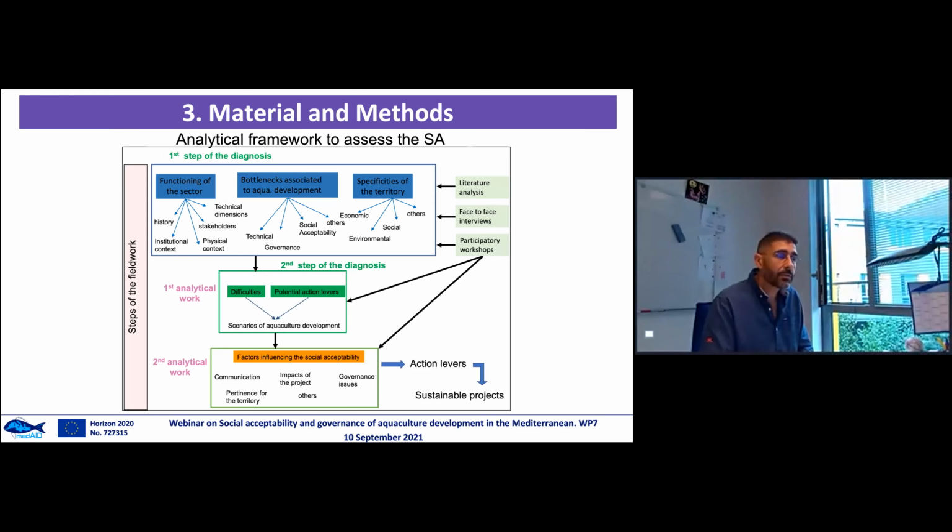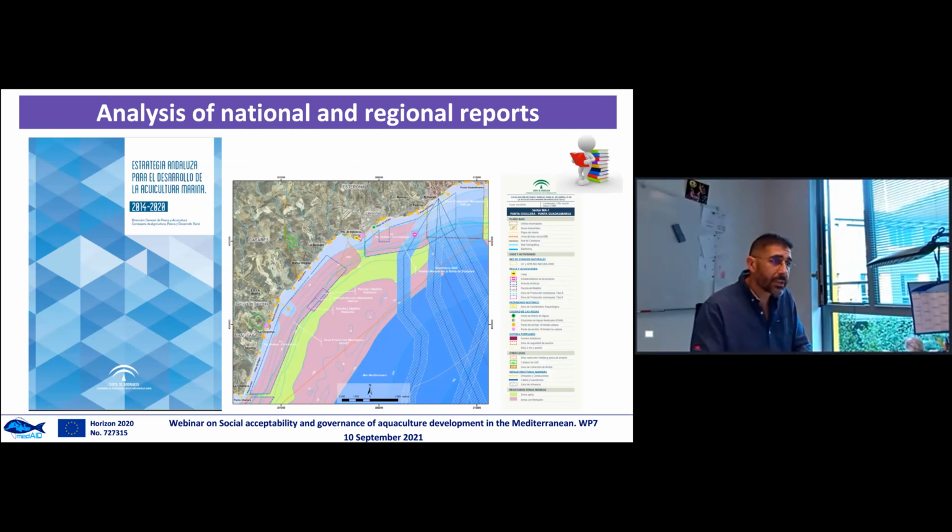Regarding material and methods, we've tried to use different approaches. So first, we've conducted an initial analysis, a diagnosis. The idea was to build several scenarios and then discuss with different stakeholders about these scenarios so that we could explore specific actions and sustainable projects to develop aquaculture.